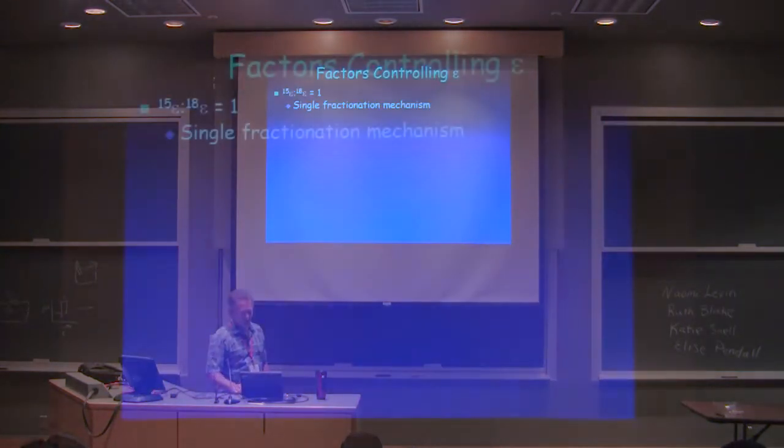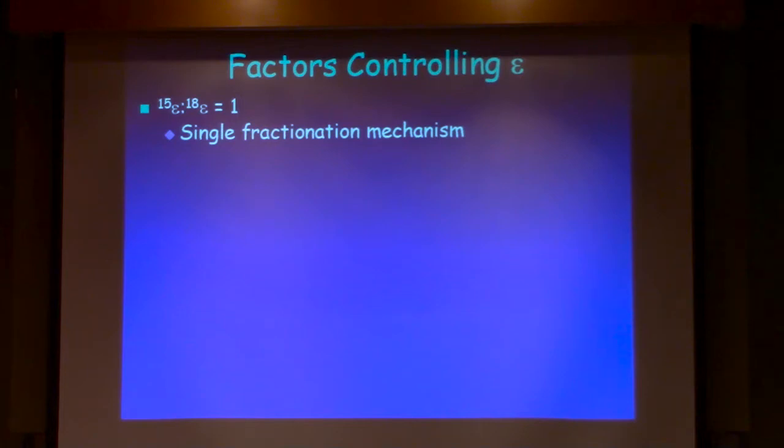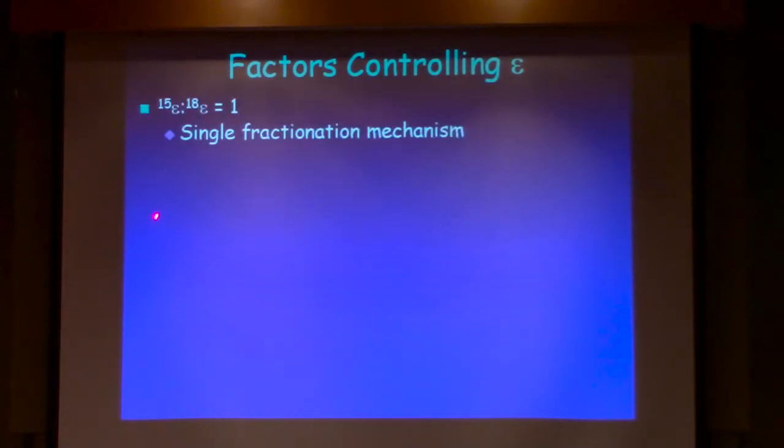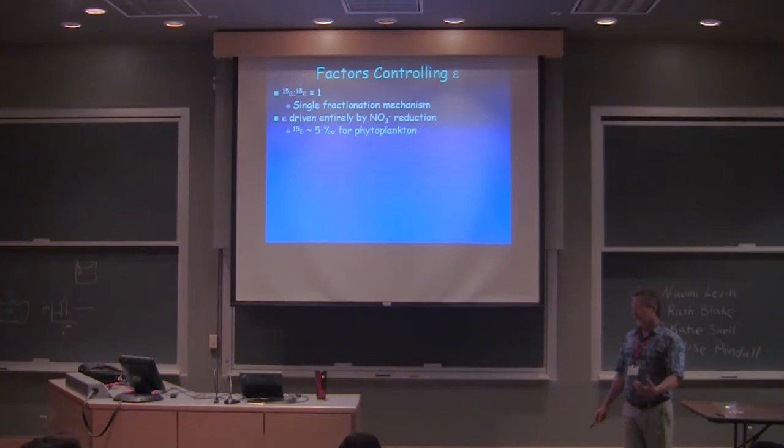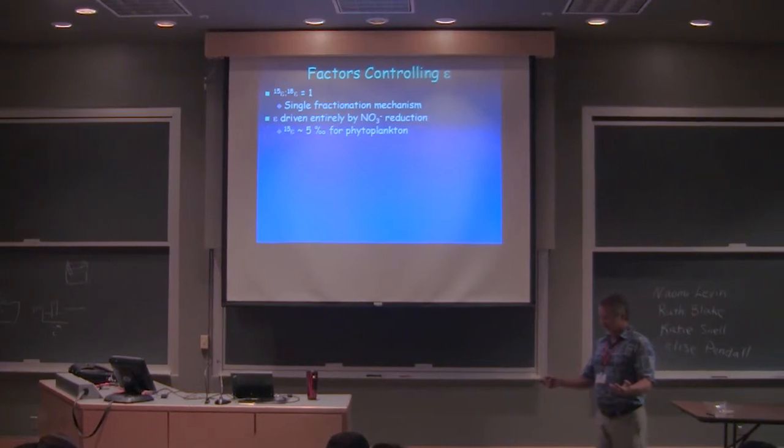Okay, so this ratio, and the relationship here, tells us that there is a single fractionation mechanism that is dominating this nitrogen assimilation. It's driven almost entirely by nitrate reduction, but the fractionation doesn't equal the nitrogen isotopic fractionation associated with nitrate reduction, that 10 to 30 per mil.